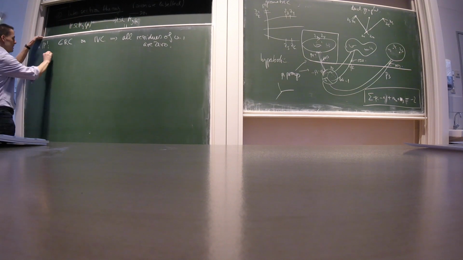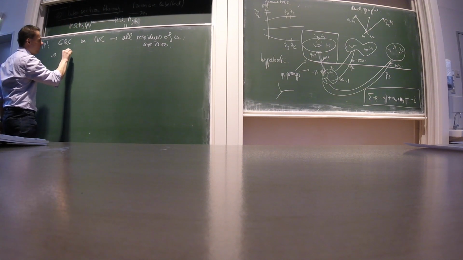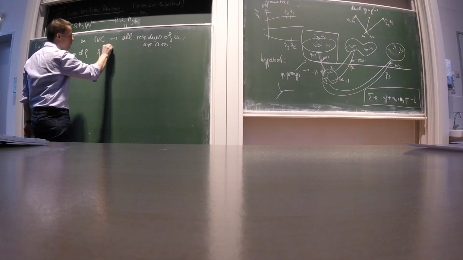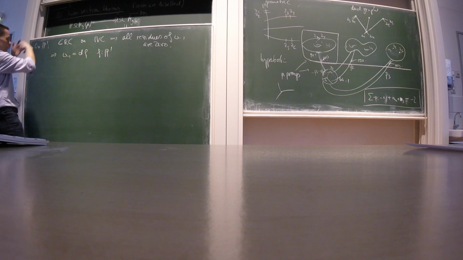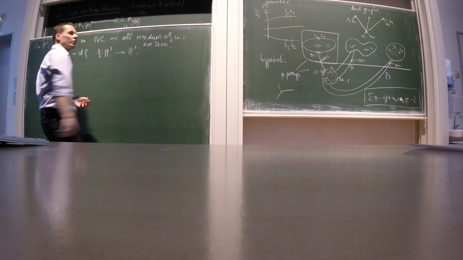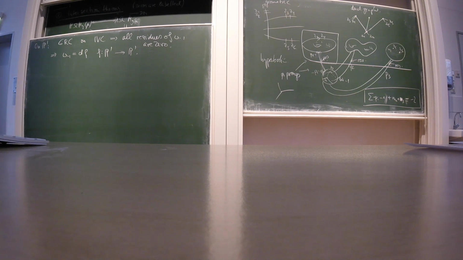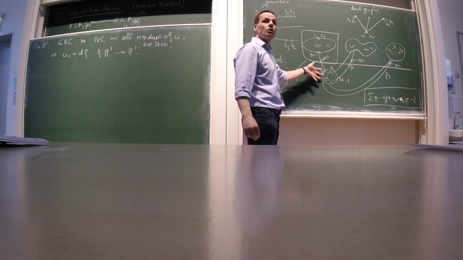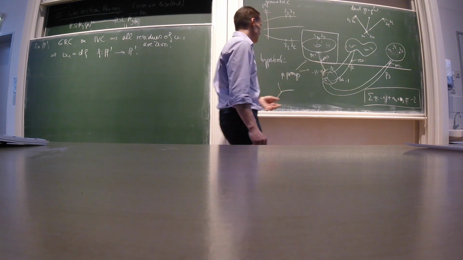That in turn implies that the differential form is exact, that omega minus 1 is df for some function f that goes from that P1, the P1 on lower level, to just P1, a meromorphic function. That means that this lower level object naturally has the structure of a Hurwitz space.